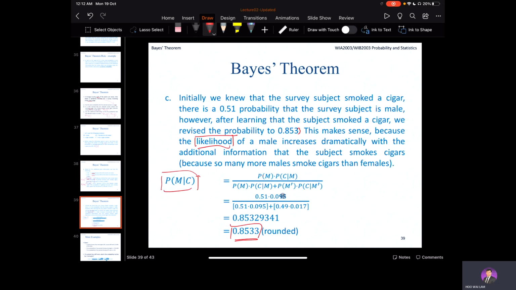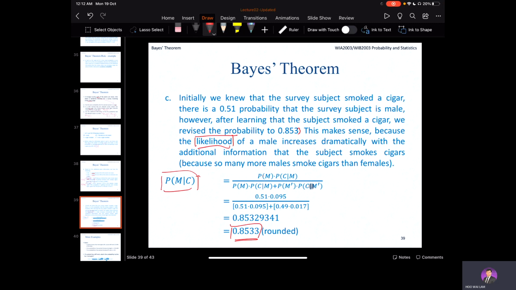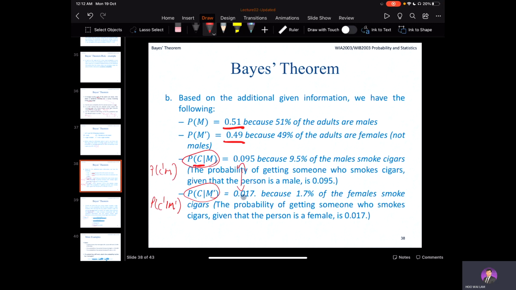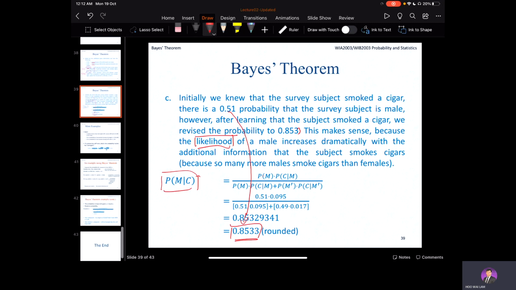These two are the same. The probability of M complement, 0.49, is here. Then the probability of C given M complement is this one, 0.017. And you will get 0.853. So this is how the probability increases from 0.51 to 0.85, a very big increase.